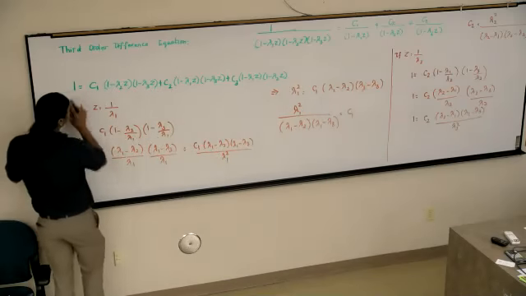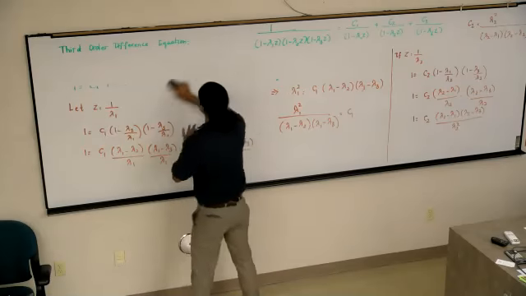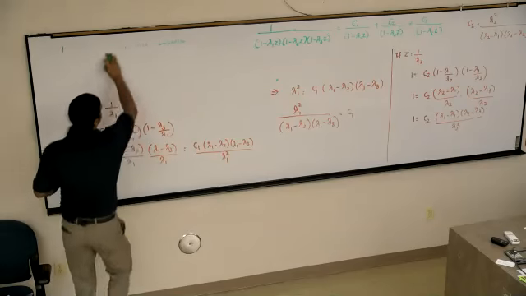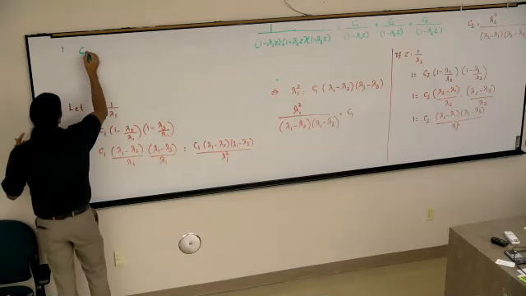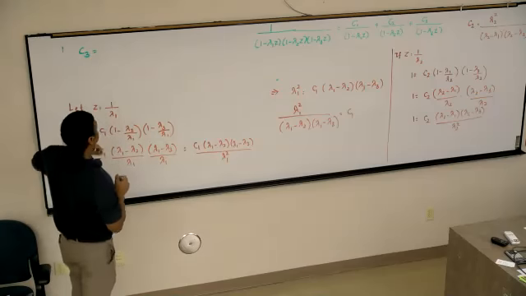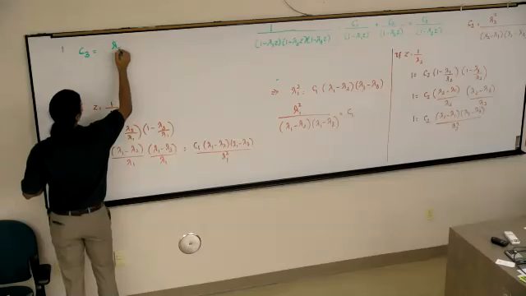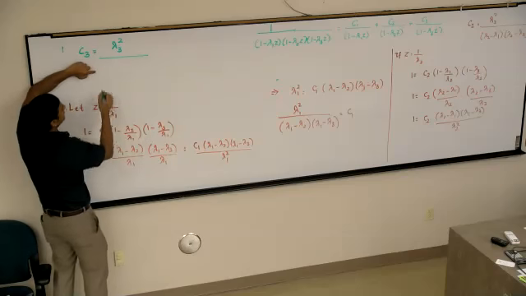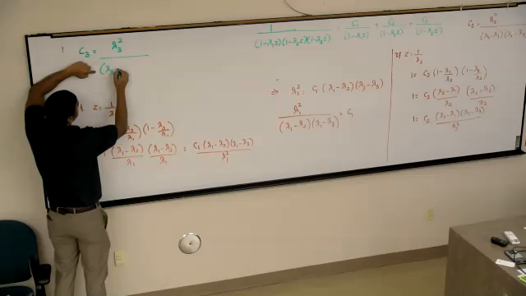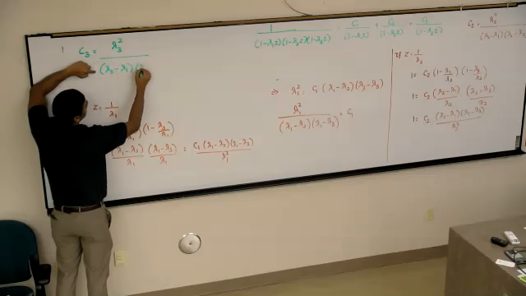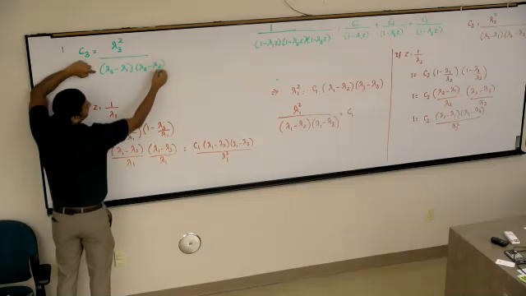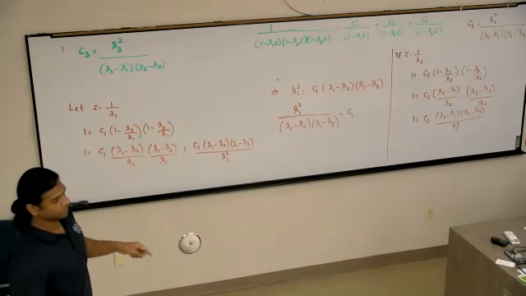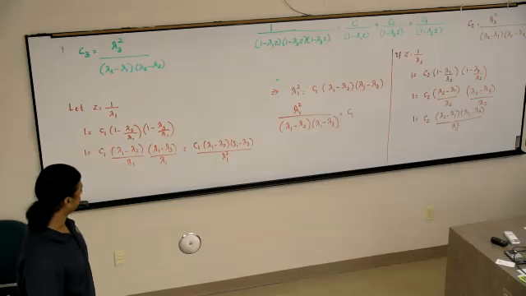So we can directly see that there is an underlying pattern in the C's. So C3 would simply be equal to lambda 3 squared divided by lambda 3 minus lambda 1, lambda 3 minus lambda 2. Good. So we've got C1, C2, C3.